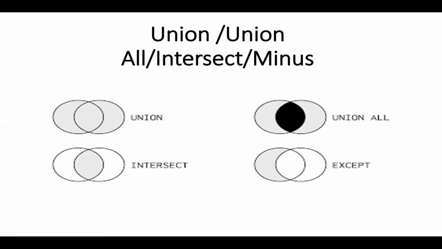You don't get the duplications. The union all gets the duplicate information as well. Intersect takes whatever information is there in both tables, because whatever the duplication is there, that's the only thing intersection is going to get for you.